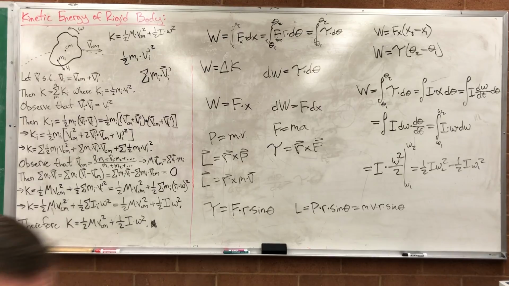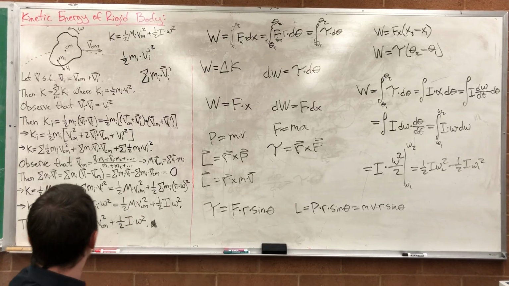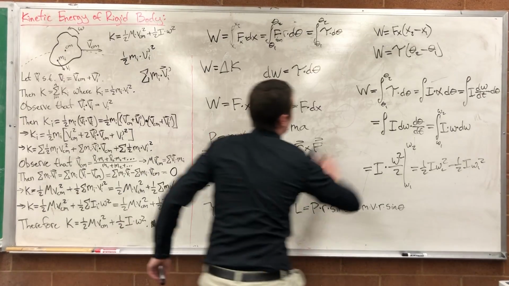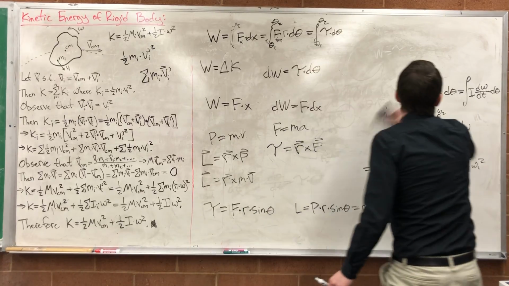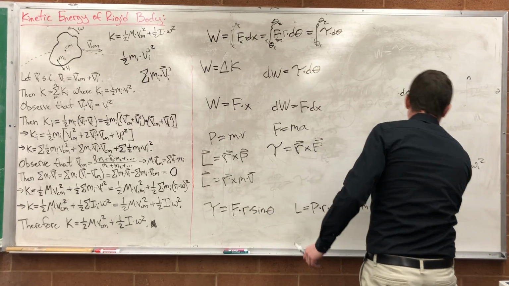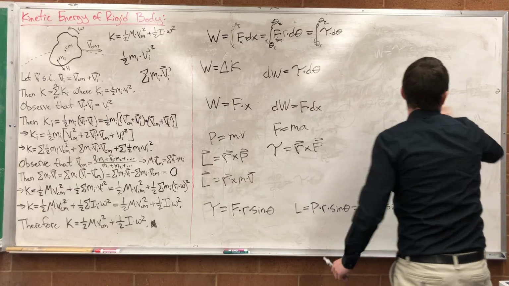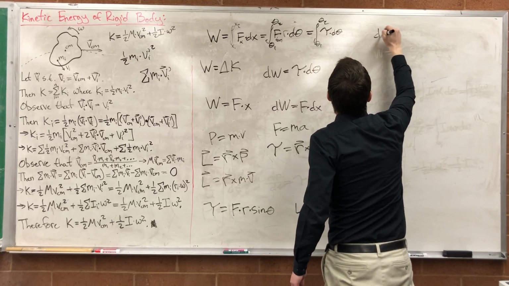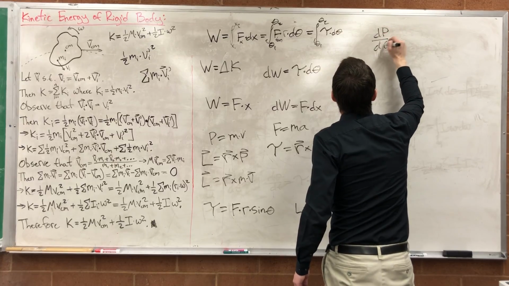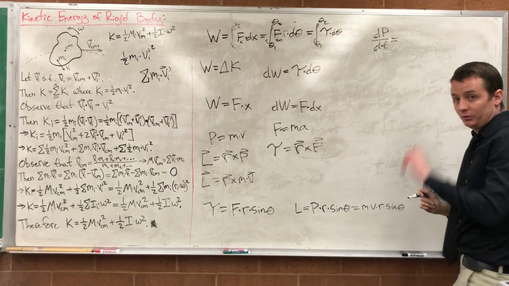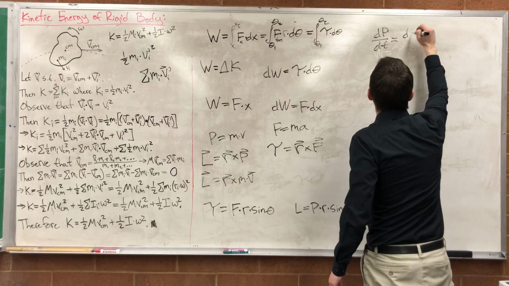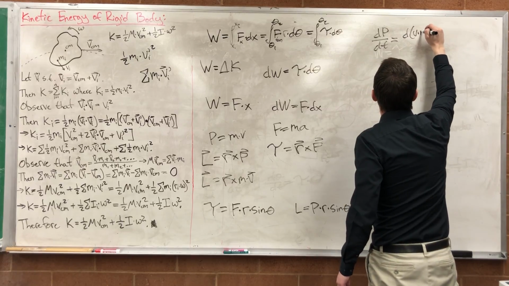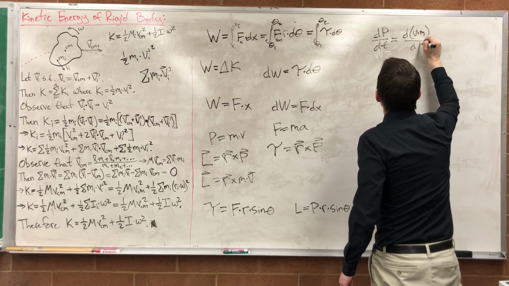Okay, now notice what happens when you take the derivative of momentum with respect to time. The derivative of momentum with respect to time is equal to the derivative of mass times velocity with respect to time.